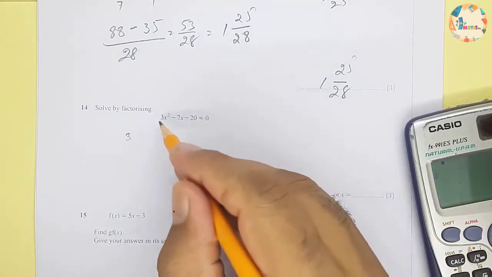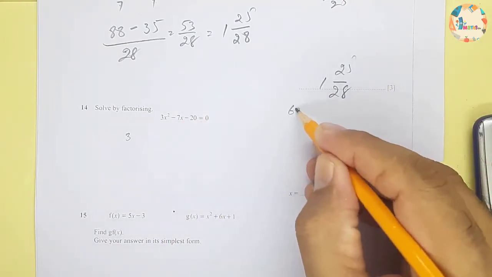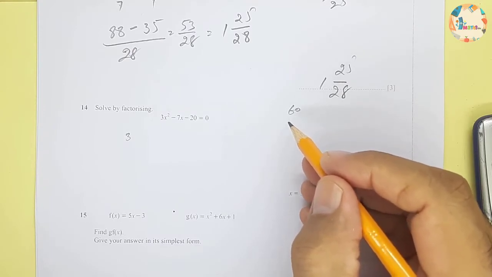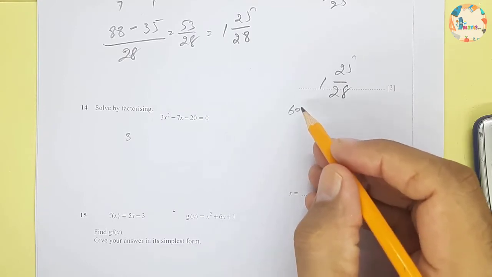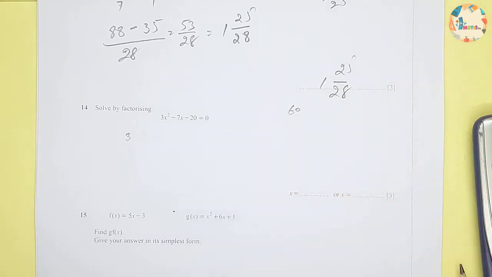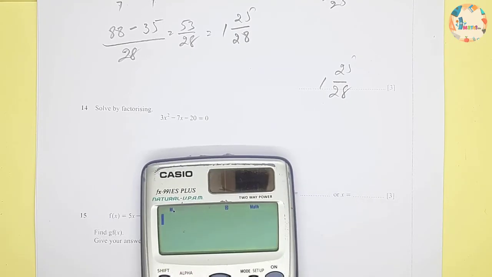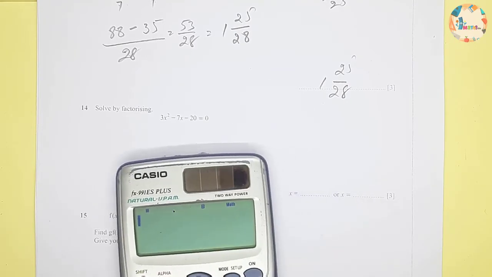So 20 into 3 will be 60. So 60, and we have to find the pair so that we can write the steps. The easier way, if I explain you the easier way, the easiest way by using calculator factorization I will explain.